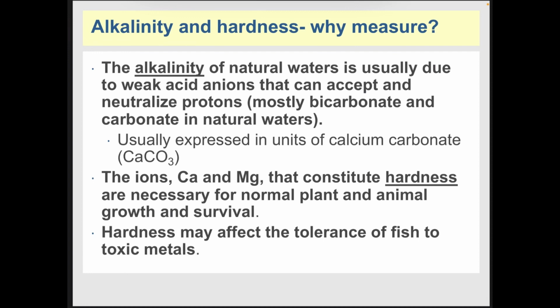Hardness may affect the tolerance of fish to toxic metals. Sometimes if calcium and magnesium are very high, it affects how the fish can tolerate toxic metals. It also affects marine life greatly because calcium and magnesium are also nutrients to marine life.